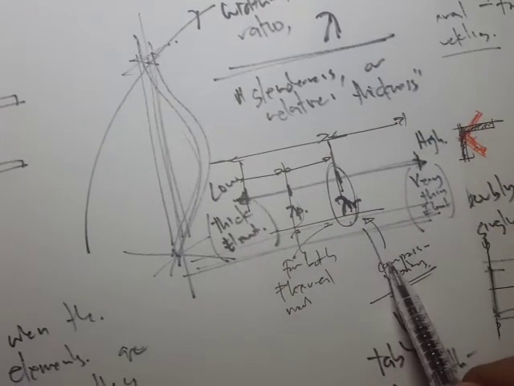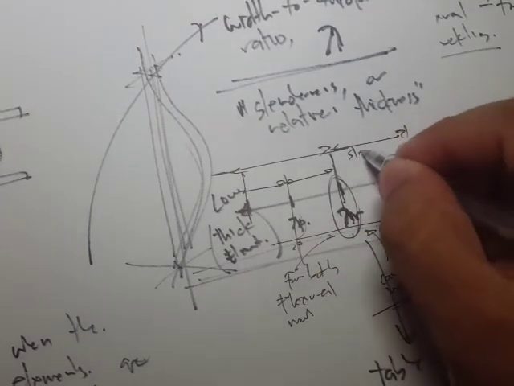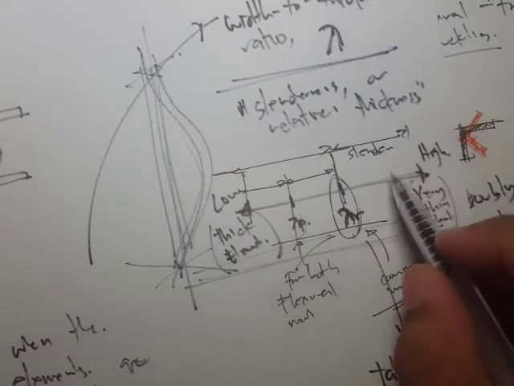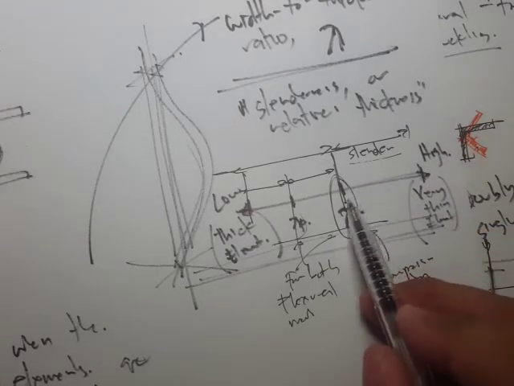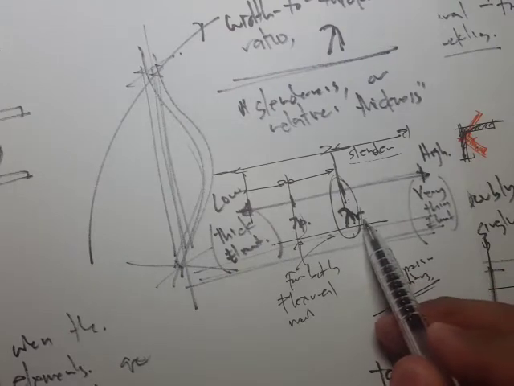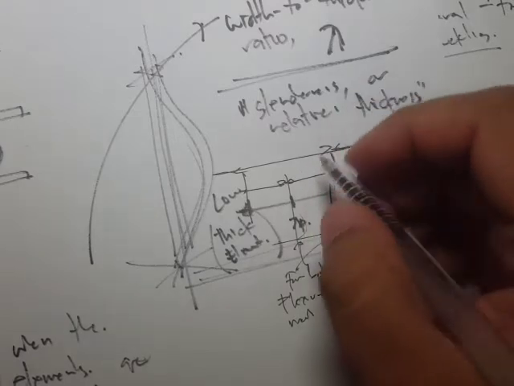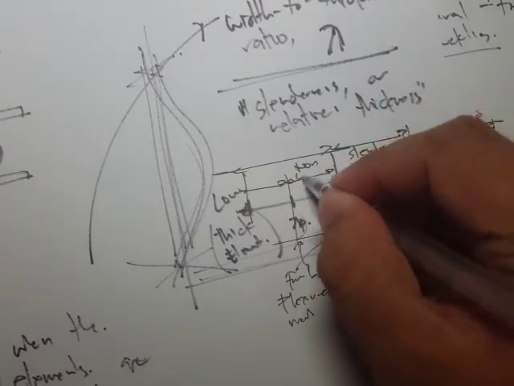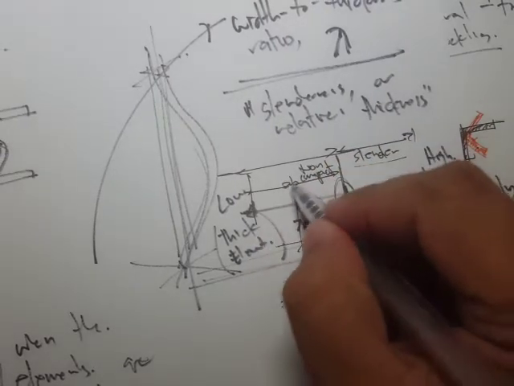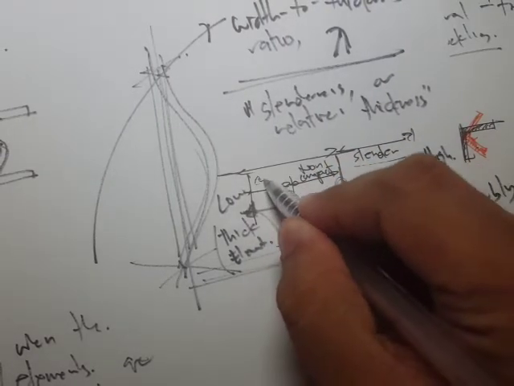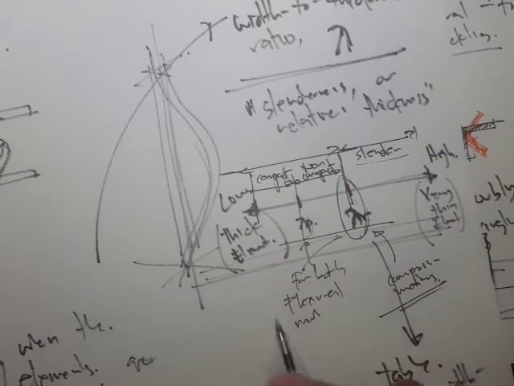If you have a slenderness greater than lambda sub r, then the element is a slender element. If it is less than lambda sub r but greater than lambda sub p, you have a non-compact section. And below lambda sub p you have a compact section or compact elements.